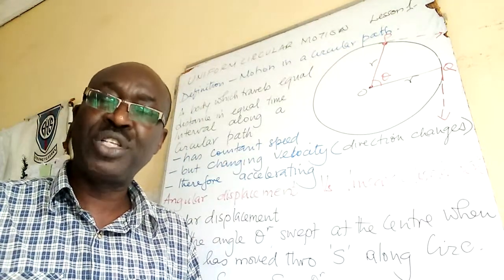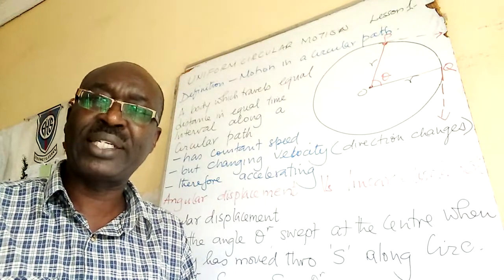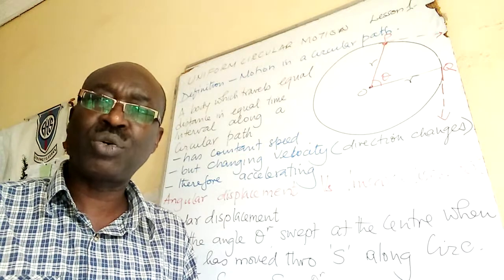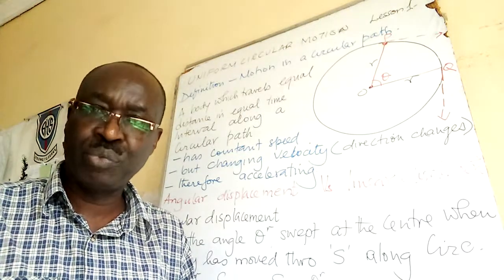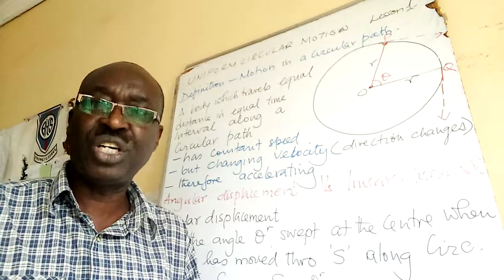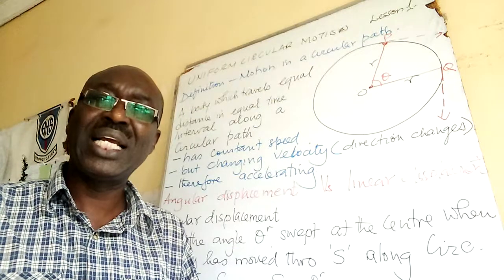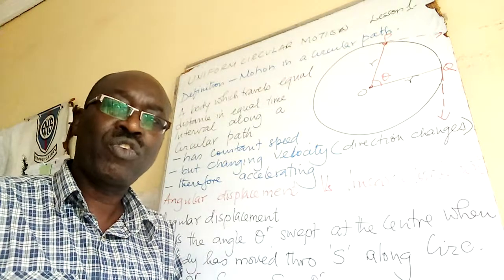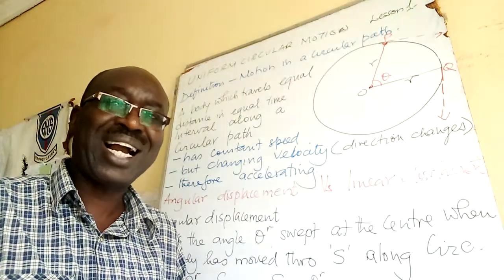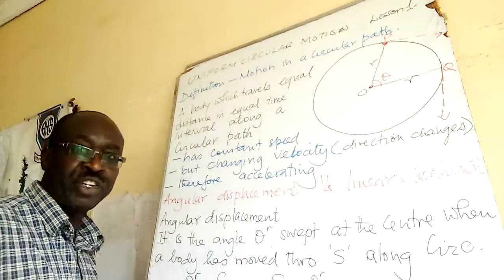When you go to the agricultural show or some places for entertainment, you also come across a merry-go-round. That is still part of circular motion. So in a nutshell, we are talking about motion in a circular path or part of a circle, an arc. Okay, that is the definition.